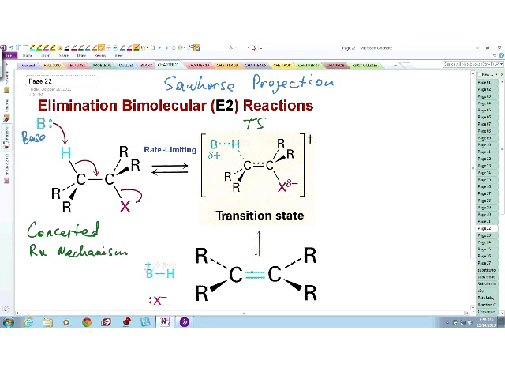Right here, at the point in which the base is pulling this hydrogen, and you are forming the carbon-carbon double bond, and the leaving group is leaving, that is your rate limiting step. Therefore, what will be the rate equation for this reaction?